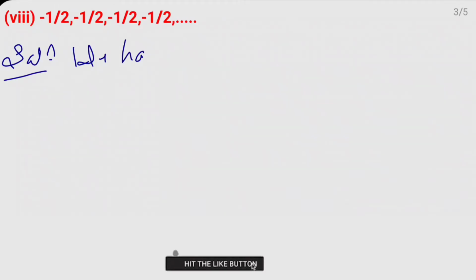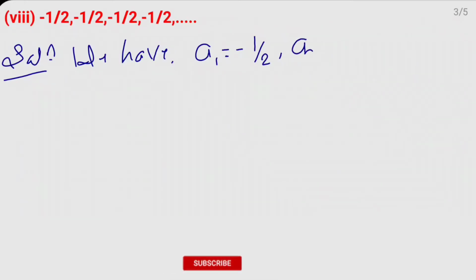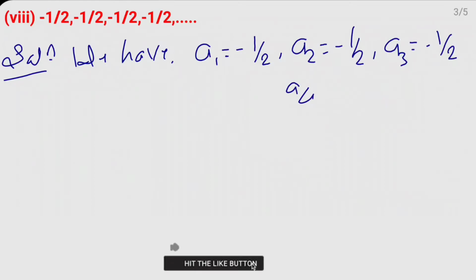Minus 1 by 2, minus 1 by 2, minus 1 by 2, minus 1 by 2, and so on. So let me solve here. We have A1 is minus 1 by 2, A2 is also minus 1 by 2, A3 is also minus 1 by 2, A4 is also minus 1 by 2.